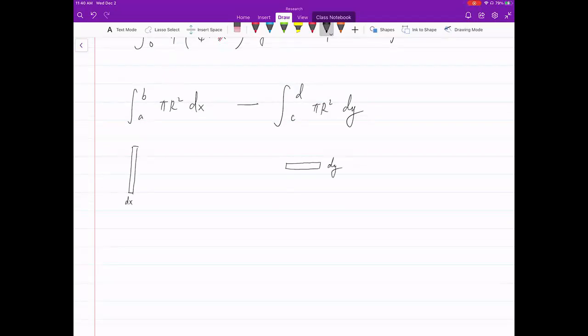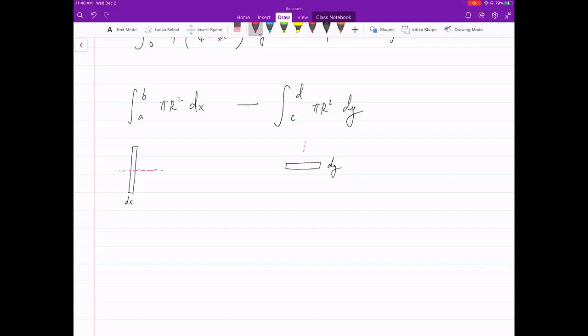Good so far? Okay. So the real difference here is you use dx when you rotate this way, and you use dy when you rotate this way. Can you see that? For a disk like that, your axis has to be like this in order to get a disk.